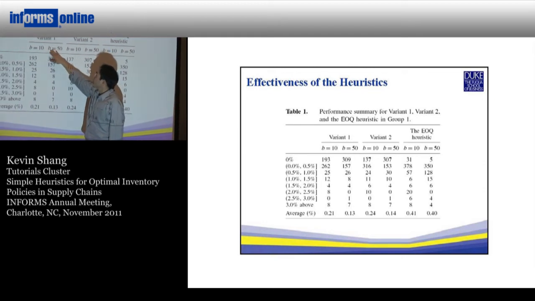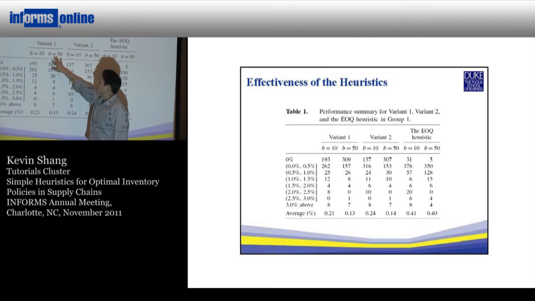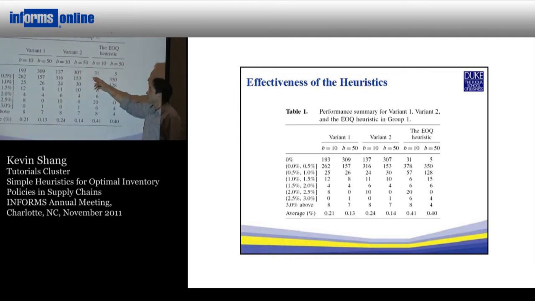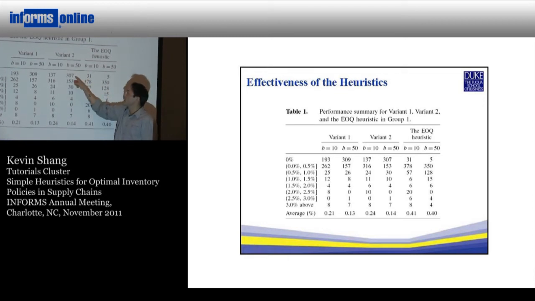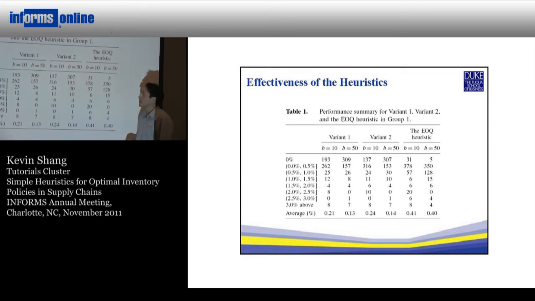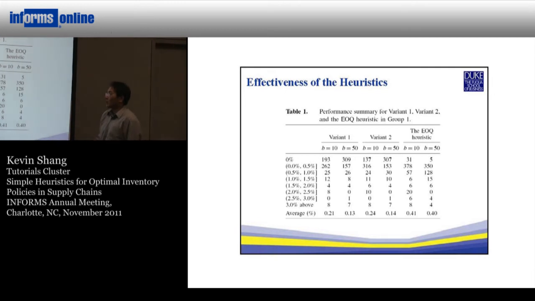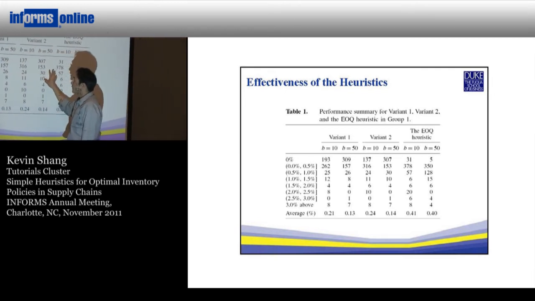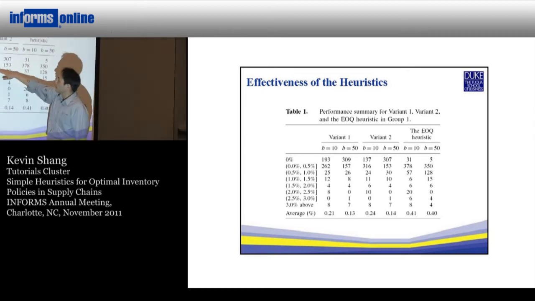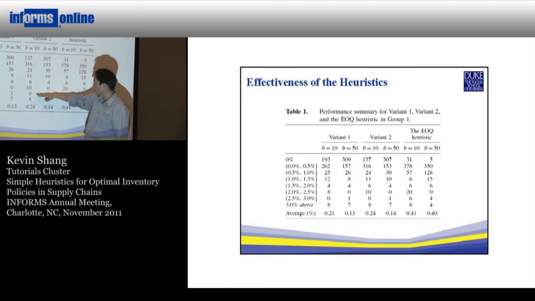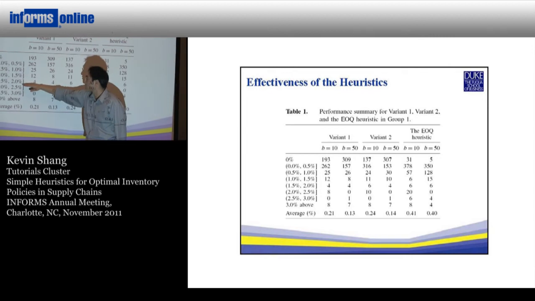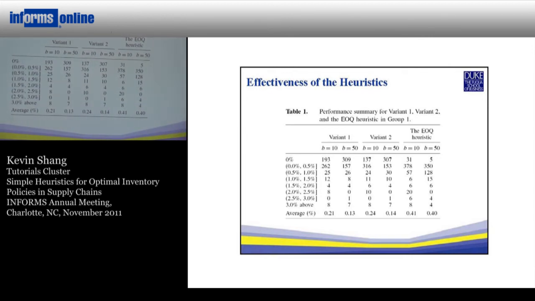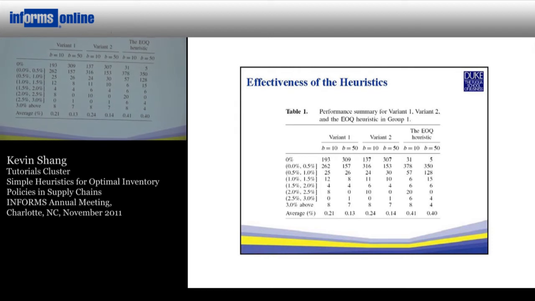When the penalty is big, the backorder cost is big, it's actually very effective. Out of 512, you get about 300 optimal solutions. I'm talking about optimal solutions, 100%, so no error. And in the majority of the cases, you are going to generate a solution with error less than 2%, just based on that procedure, just solving single stage problems.